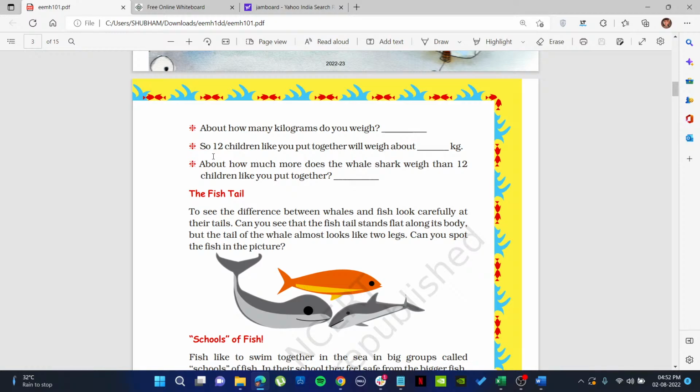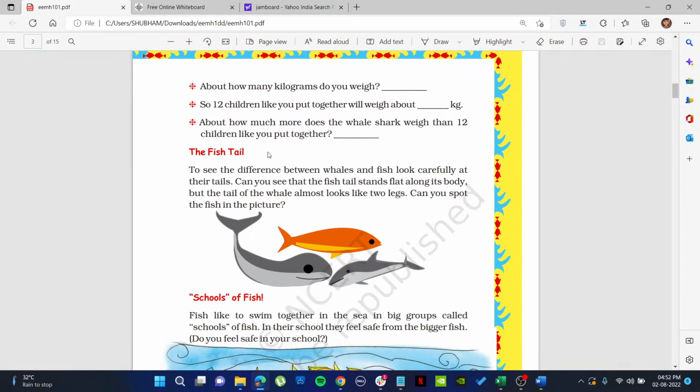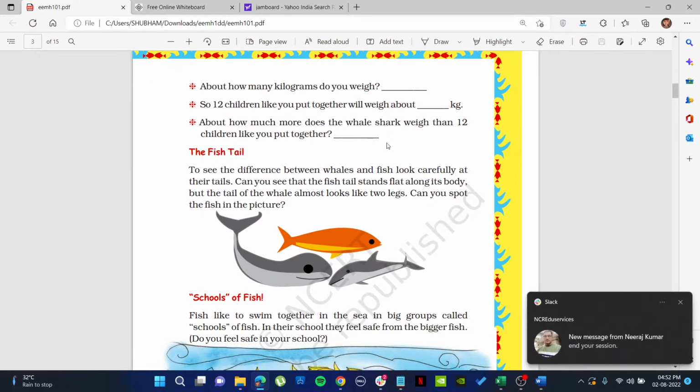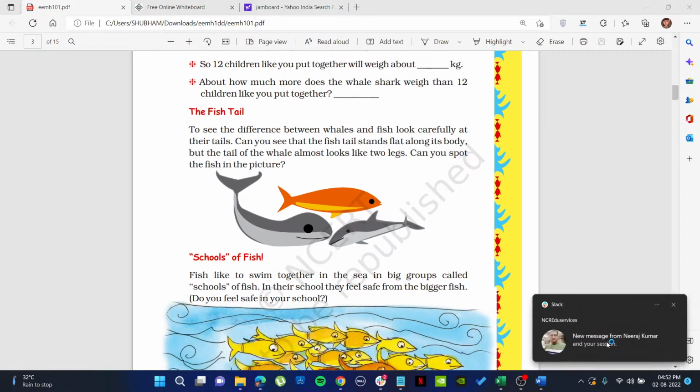This is because 30 is representing the weight of one child, and we need to calculate the weight for 12 children. So therefore we will be using the concept of multiplication. So 12 times 30 would be 360. So our answer is going to be 360 kilogram, not only 360. We should not forget to insert the unit. So here our answer is going to be 360 kilogram.